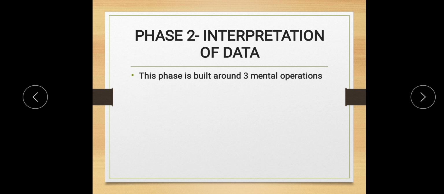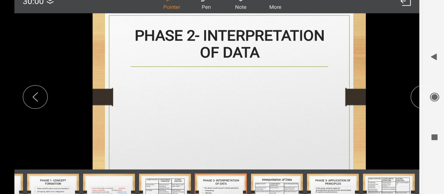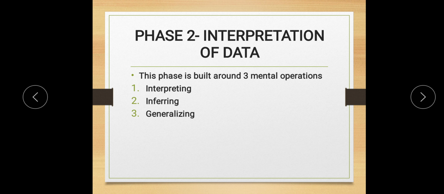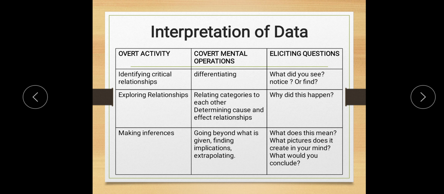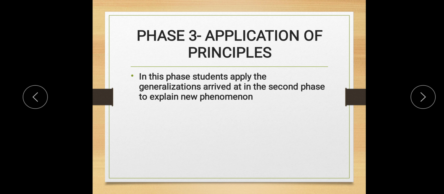If we look at this particular phase, that is interpretation of data, inferring, in this table they relate the categories, isn't it? Now they make inferences, so summarize, that's what I was talking about, going beyond what is given.